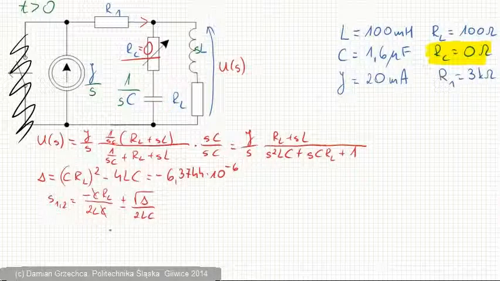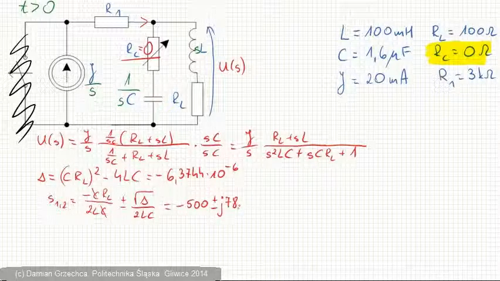The first part is the real part of the complex number, and the second part is the imaginary one. Minus 500 plus minus the square root of delta. If delta is less than 0, the square root of minus 1 is J, 789. S12 is minus delta plus minus J omega 0.